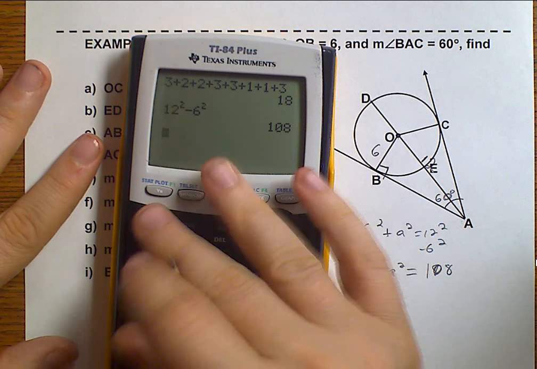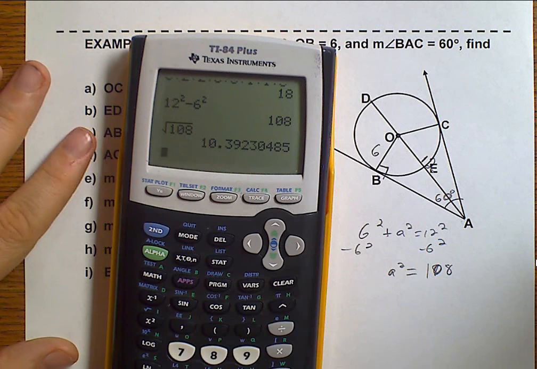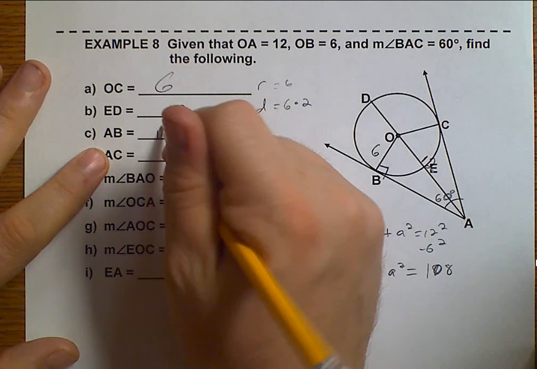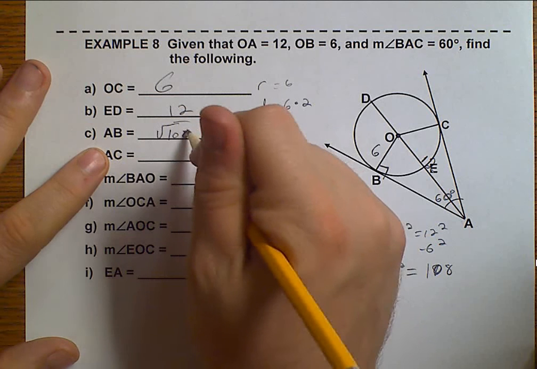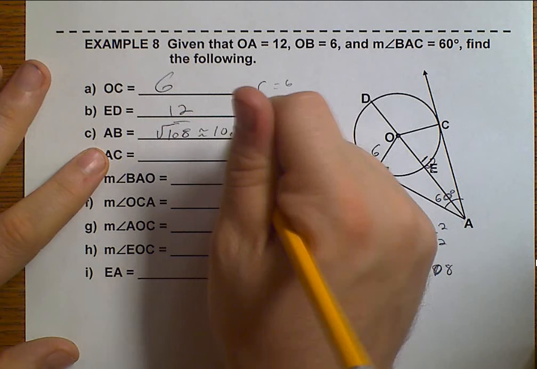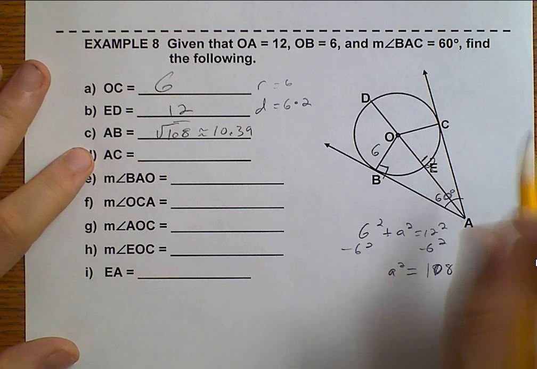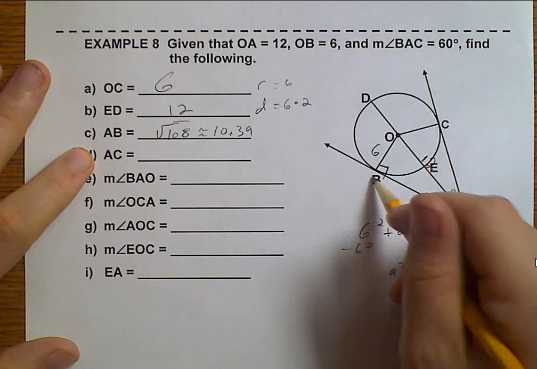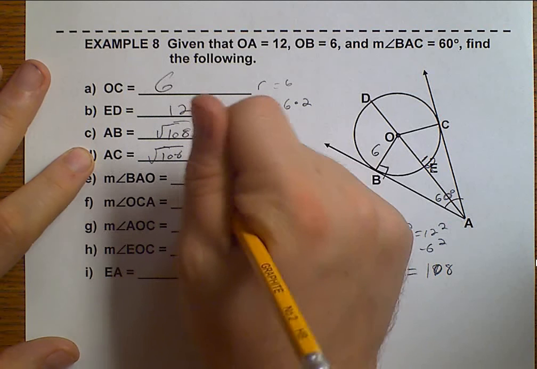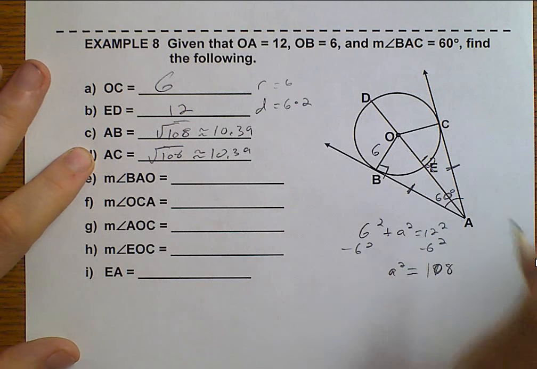And the square root of 108 is roughly 10.39. AC is going to be the same length as AB, so it is the same thing. These two sides are going to be the same.